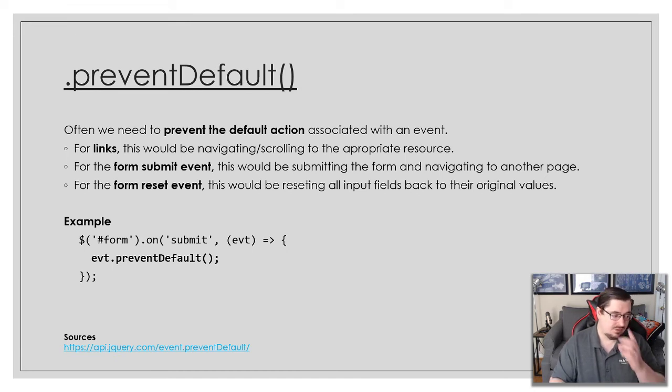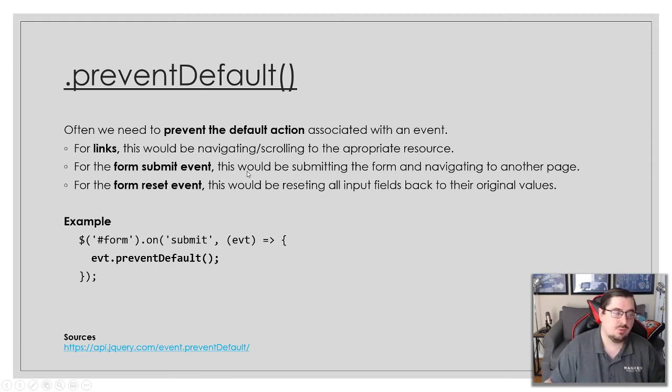Other methods you may want to use with jQuery are the preventDefault method. The preventDefault method tells the browser that it shouldn't do its normal action, the normal things that it would do in response to you submitting a form or clicking a button or clicking a link.